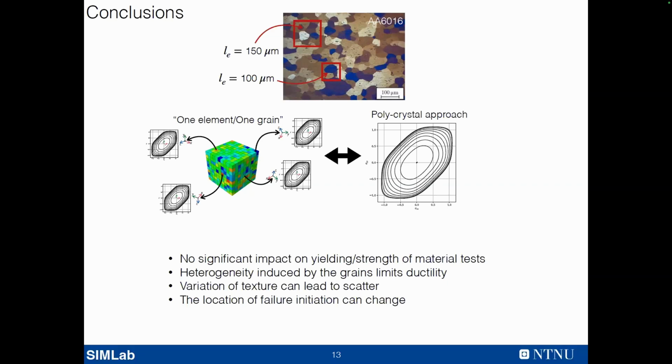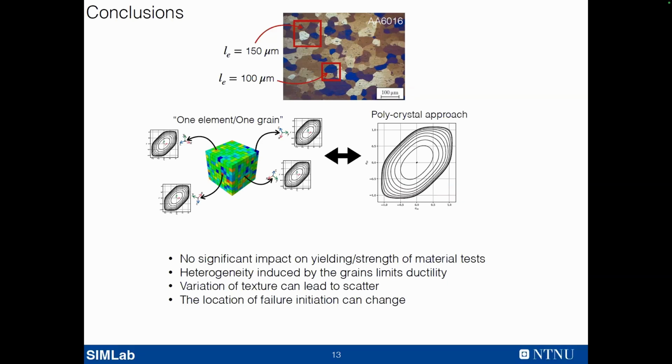So to conclude this slide, if I come back to my original question, what happens when we have these very fine solid element meshes, which capture only a few grains? What we have observed is that from a global point of view, in yielding and strength, that doesn't matter, which is good news. On the other hand, when it comes to fracture, this heterogeneity that we lose by not having a polycrystal plasticity model could limit ductility a lot.